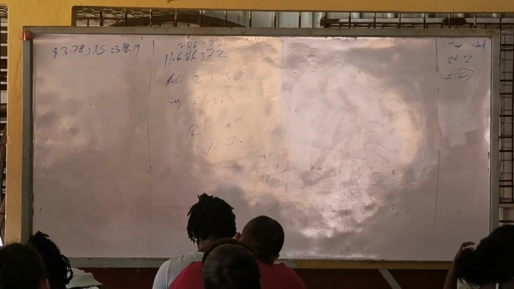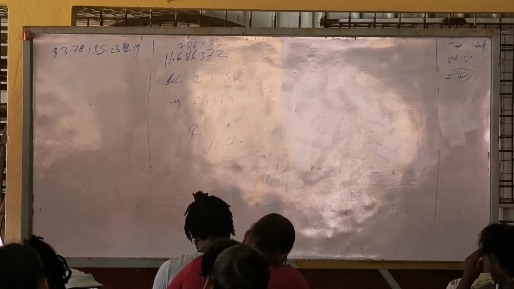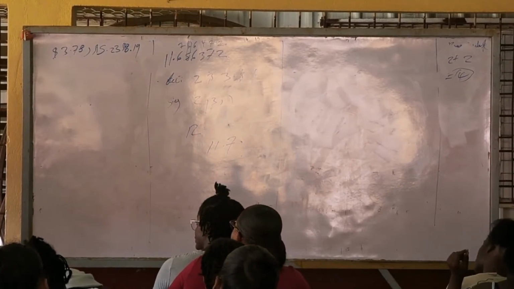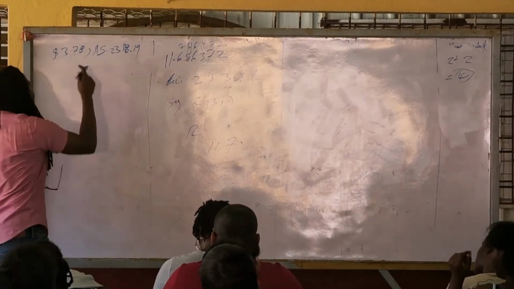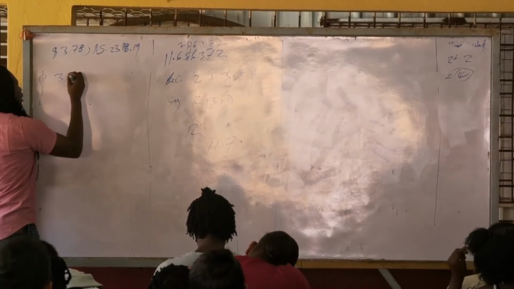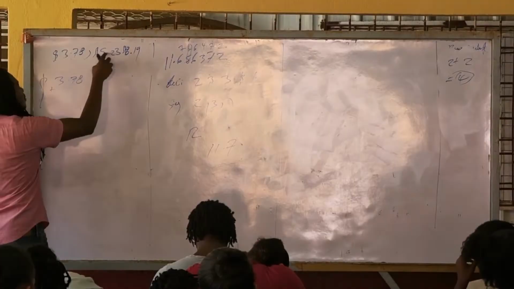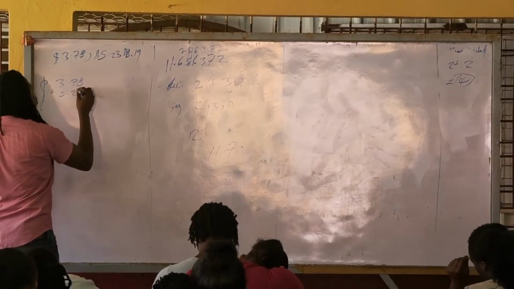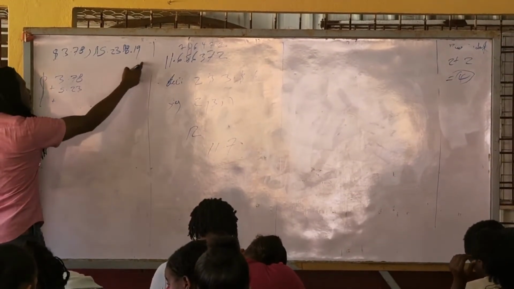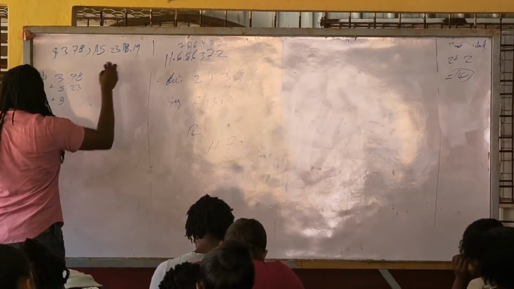If he bought 3 things and they ask how much in total did he spend. What does in total mean? Summation, to add. So all you have to do is add these decimals. This implies 3.78 plus 5.23 plus 8.19.